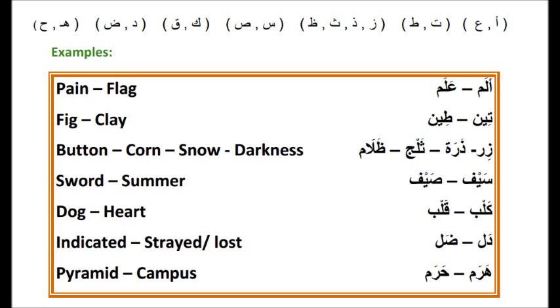Okay, next couple, and the last couple, it's Ha and Ha. Ha and Ha always get confused. I've noticed that Ha is one of the most difficult letters to pronounce, after Qaf and Ayn maybe, and it mostly gets confused with Kha.